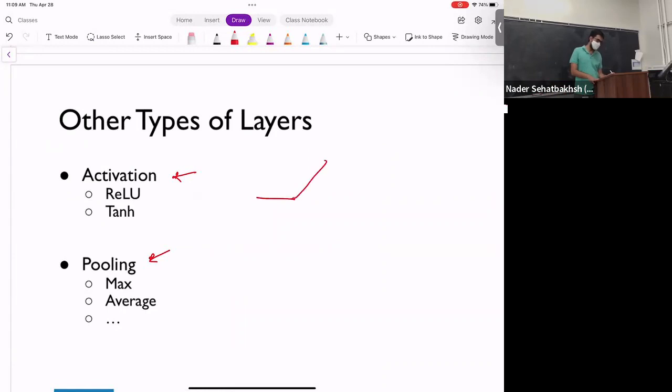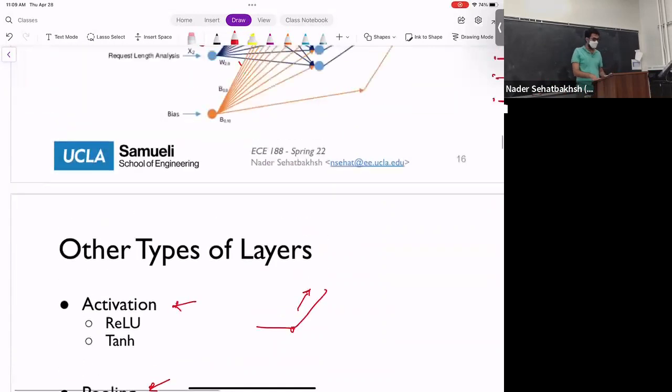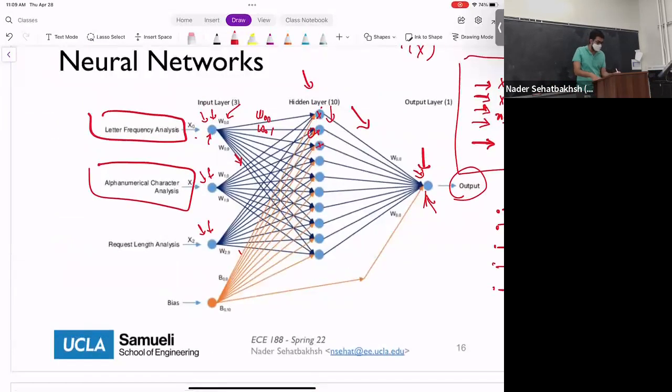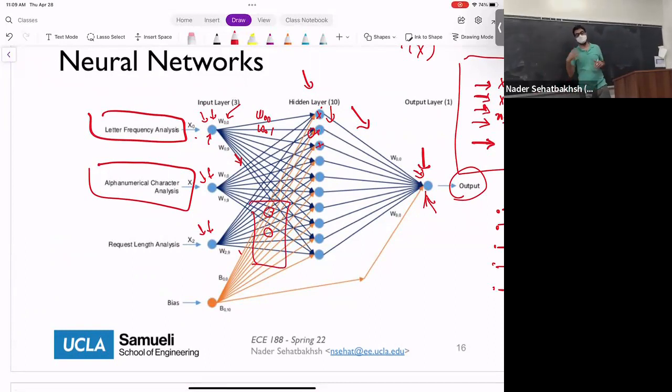If your value is less than 0, it just clamps it to 0, and if it's bigger than 0, it just passes it through. So what we typically do is that in between some computational layers, we might put a nonlinear layer. This way we activate the neurons to the next layer.